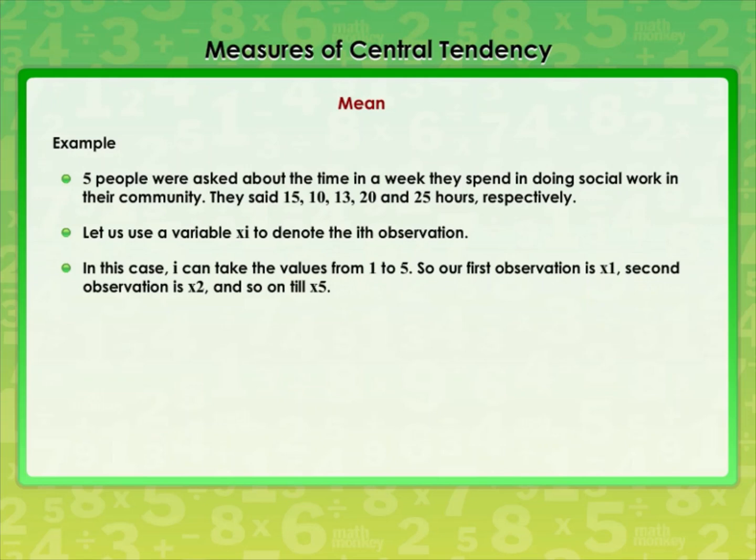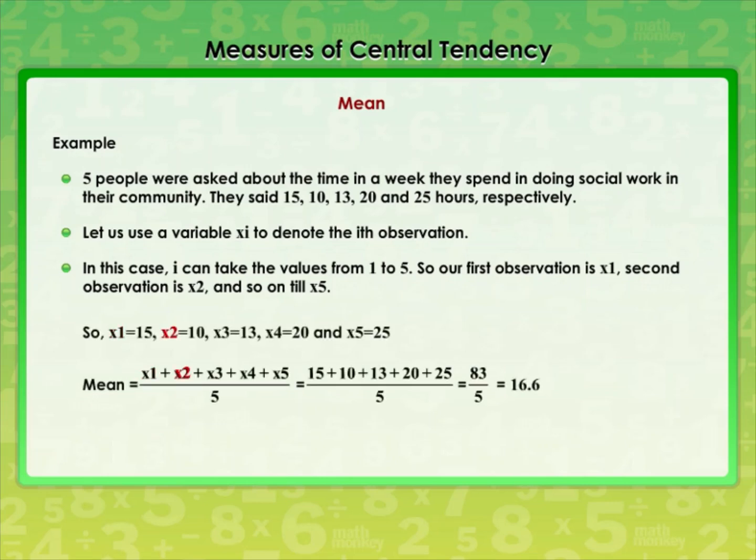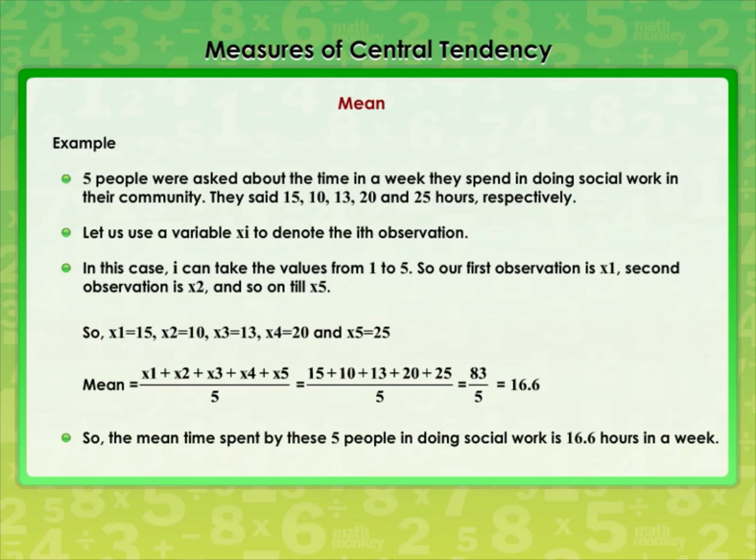So our first observation is x1, second observation is x2, and so on till x5. So x1 is equal to 15, x2 is equal to 10, x3 is equal to 13, x4 is equal to 20, and x5 is equal to 25. Therefore, mean is calculated as follows. So the mean time spent by these people in doing social work is 16.6 hours in a week.